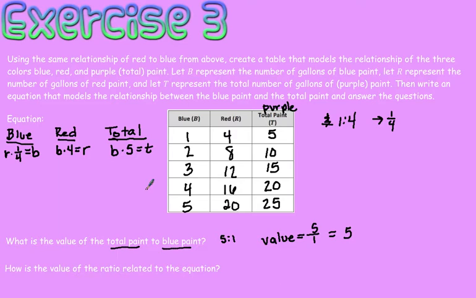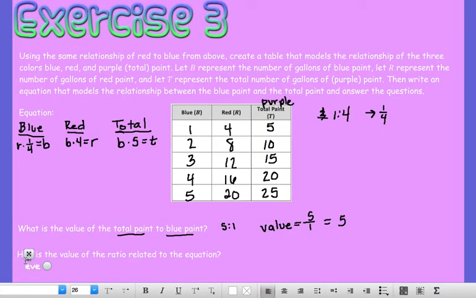Okay, so now I want to know, how is my ratio related to the equation? How is the value of the ratio related to the equation? Well, every time I found a value, I multiplied that to what I knew to find what was missing.